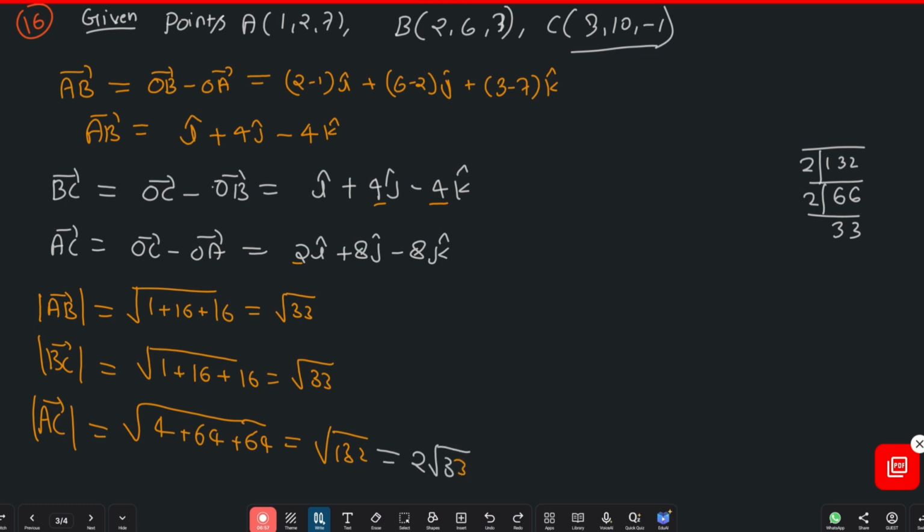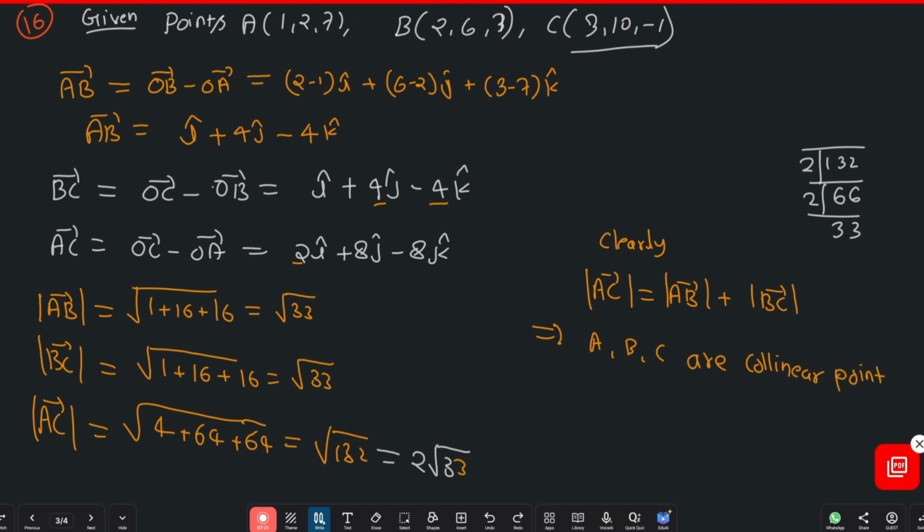Clearly, AC vector equals AB vector plus BC vector. It implies A, B, C are collinear points.